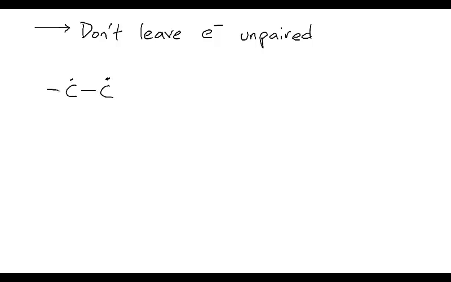So for instance, I saw a drawing that looks like this for C2H4. And if you have a drawing that looks like that for C2H4, now you've got these 2 unpaired electrons, which means anytime there's an unpaired electron, automatically you're breaking the octet rule, because if you have an odd number of electrons around an atom, it can't be 8.